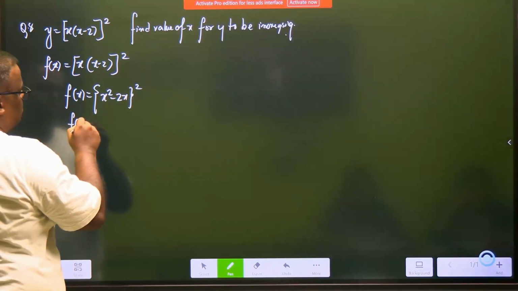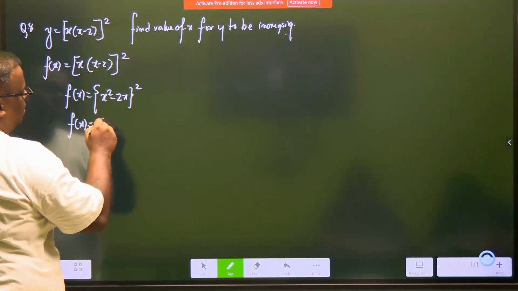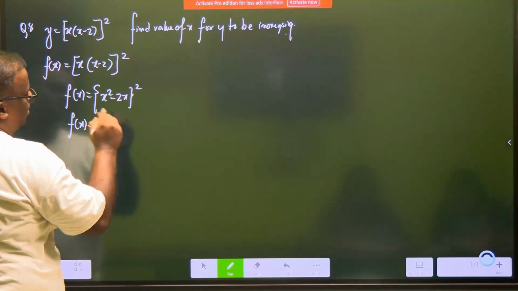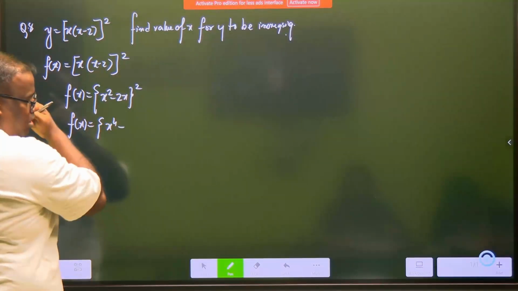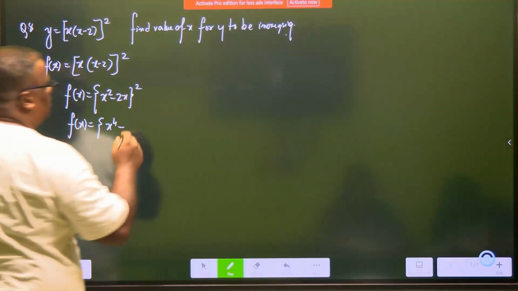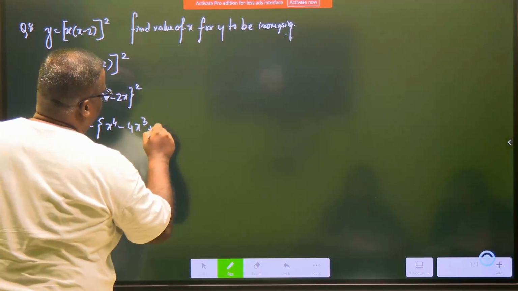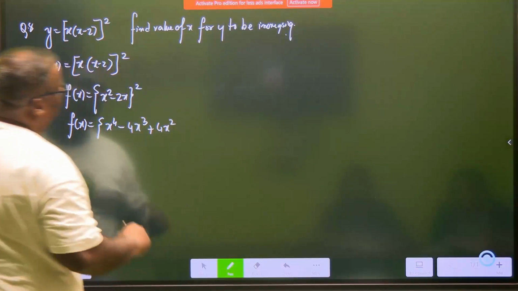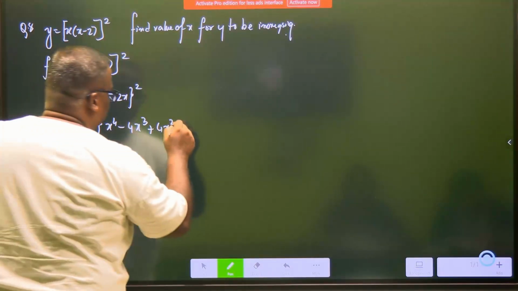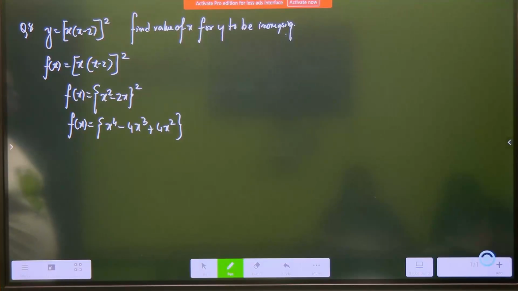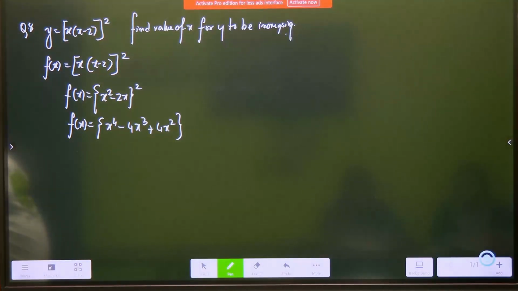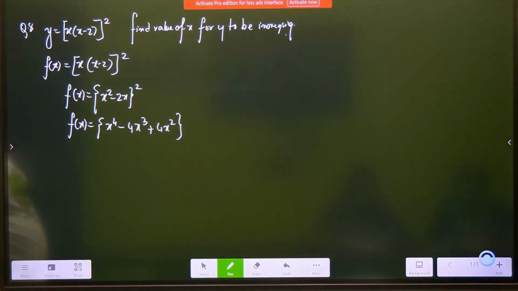So our f of x becomes x4 minus 4x cube plus 4x square. Clear?